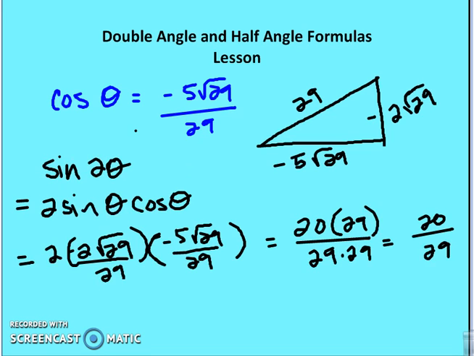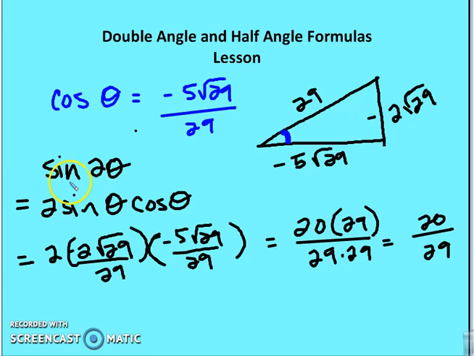All right, so again, I'm going to draw my triangle. I know cosine theta is equal to minus 5 root 29 over 29. So my value for x, or my adjacent side, is minus 5 root 29 over my hypotenuse, which is 29. I can evaluate for the opposite side, which is negative 2 root 29, using the Pythagorean theorem.